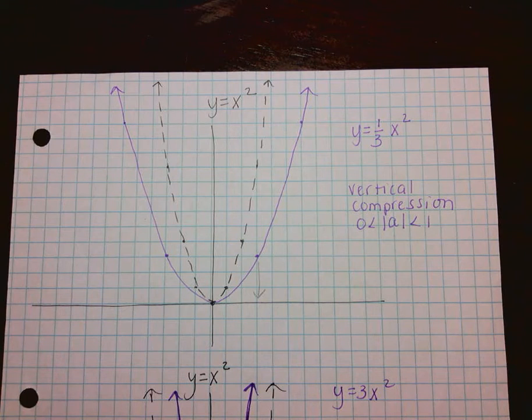The sign of a has absolutely nothing to do with the width of the graph. When you're talking about how narrow or how wide the graph is, you're only looking at the absolute value of a.